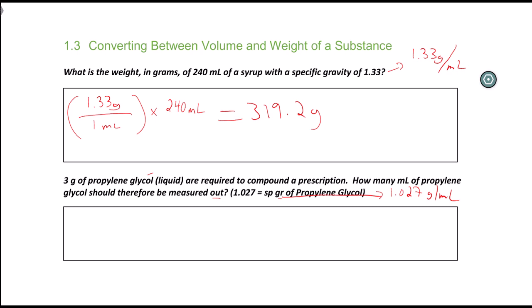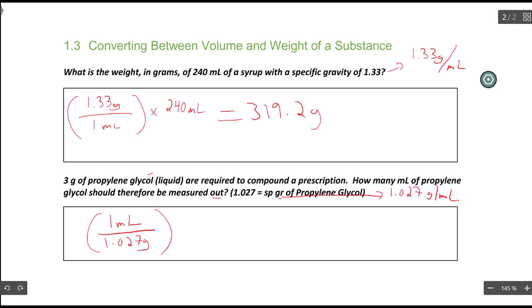Well, I know that 1 ml, I'm going to measure out every time I want 1.027 grams of propylene glycol, right? How many mLs am I going to measure out if I want just 3 grams of the propylene glycol? We'll call it PG.